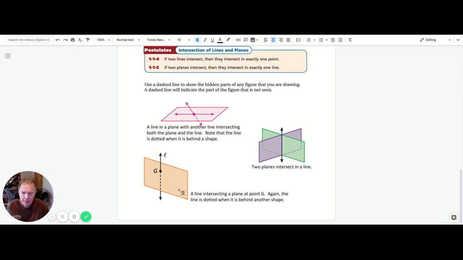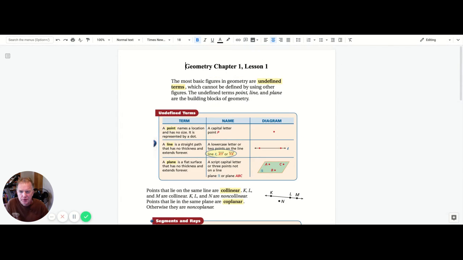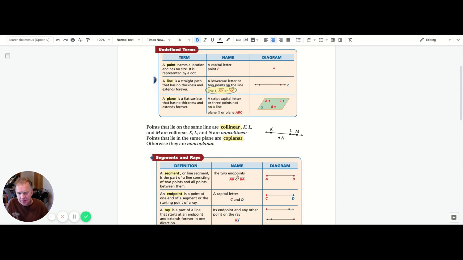Some of these pictures here are questions on the assignment, so you can refer back to this when you get to the assignment and you have a question. So very important here: make sure you look this over carefully. Notice, again, the single lowercase letter, not a point. You can name a line that way. Notice the way the lines and segments are drawn.